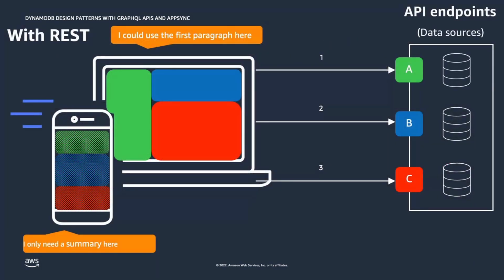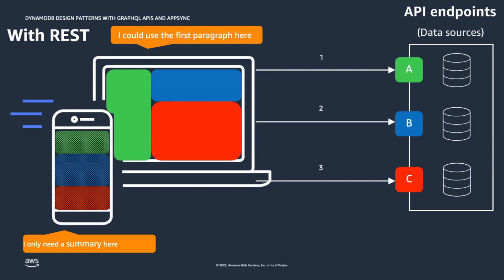So maybe another way to explain this is to look at what typically happens in a REST environment. So with RESTful APIs, let's take this example where we have an application that's running on a desktop and we have another version of this application also running on a mobile device. The application consists of three different parts that we've got here in green, blue, and red.